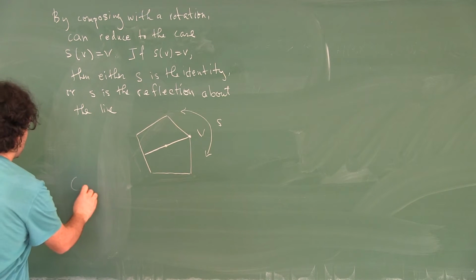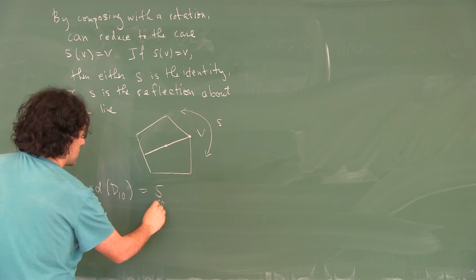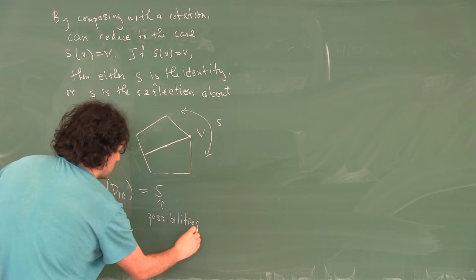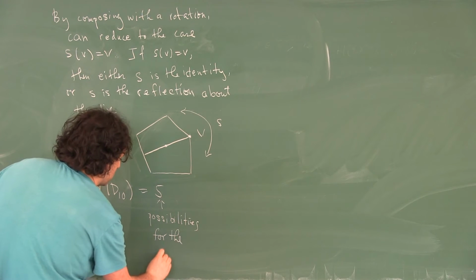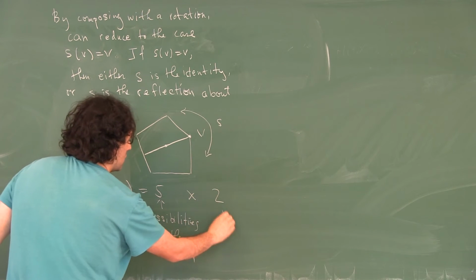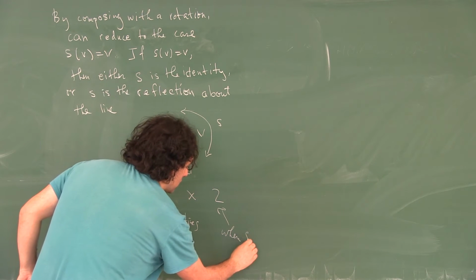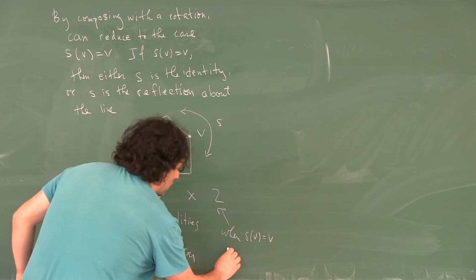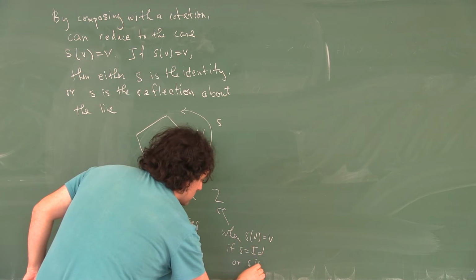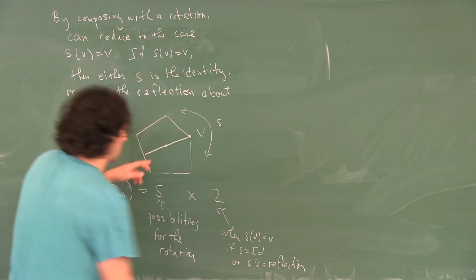So the cardinality of D10 is 5 possibilities for the rotation times 2, and this is when S of V equals V, if S equals the identity or S is the reflection that we just described here.